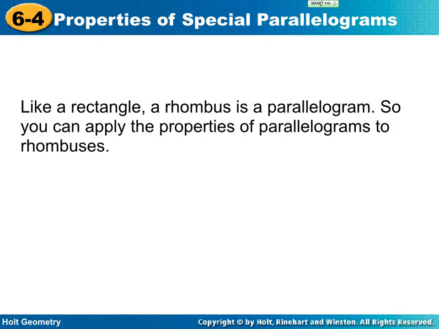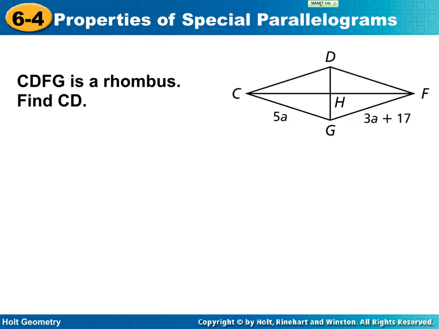All right, let's try some examples related to that. CDFG is a rhombus. How would we find CD's length? So why is CD equal to the 5A? Tell me what fact. In a parallelogram, are all sides congruent?